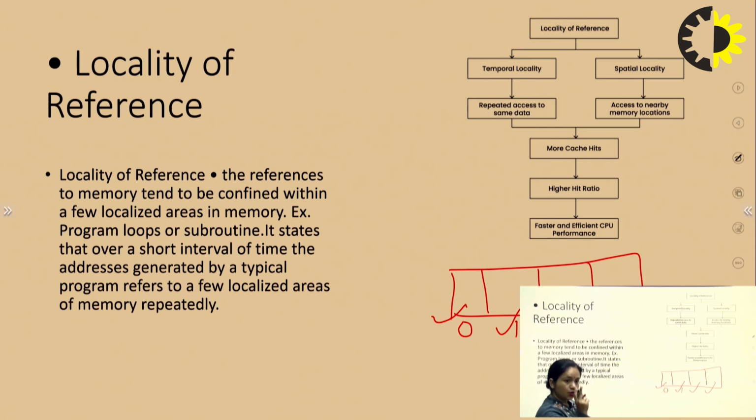So, two things. Data being called by the CPU again and again comes under temporal. The same data being accessed will be placed in the cache memory. Or there is a high chance that if the data at place 0 is being used, then maybe the next one will be accessed.